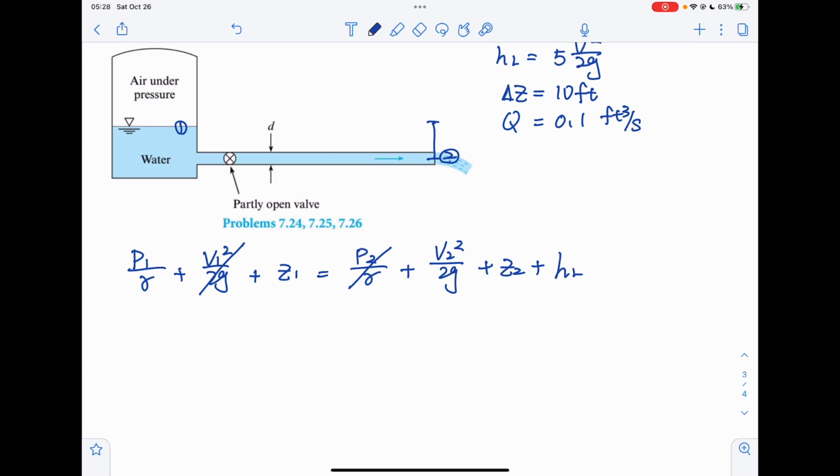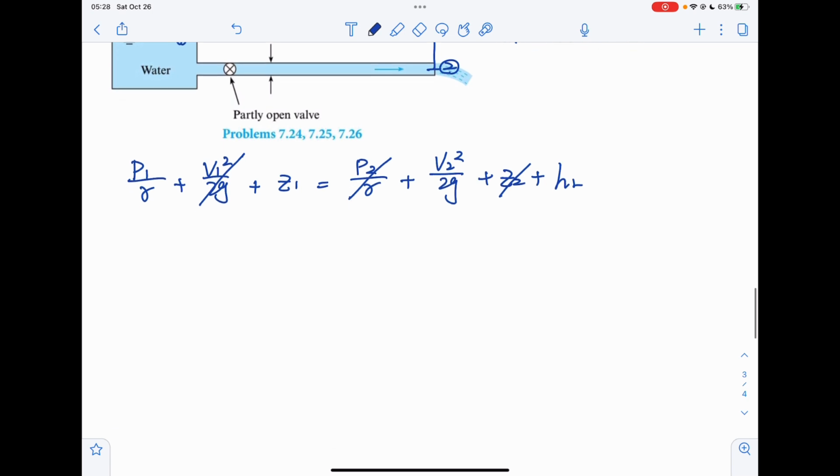V2, we still don't know it. And Z2 is gonna be 0 if we set it to be 0, and Z1 equals 10 feet. And the head loss equation is given here. So then we can simplify the equation.